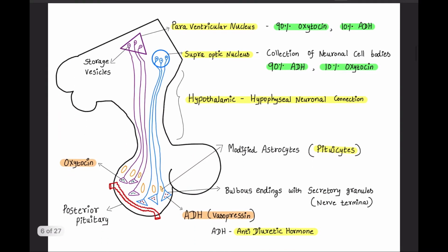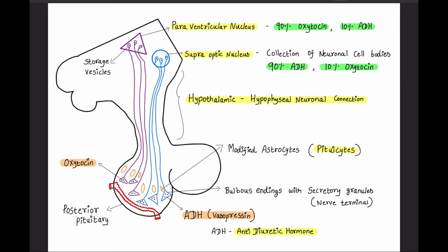Now we will see the relationship between the hypothalamus and the posterior pituitary gland. In the hypothalamus you have two nuclei, the supraoptic nucleus and the paraventricular nucleus. From these nuclei there are neurons, and they have their cell bodies, axons and nerve terminals in the posterior pituitary.